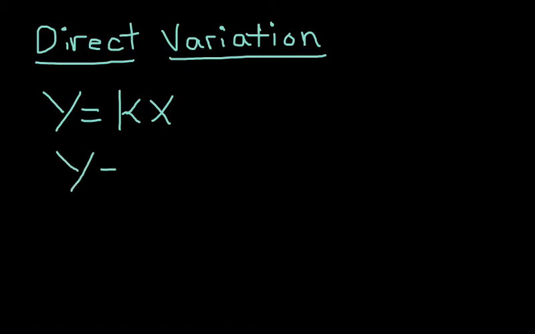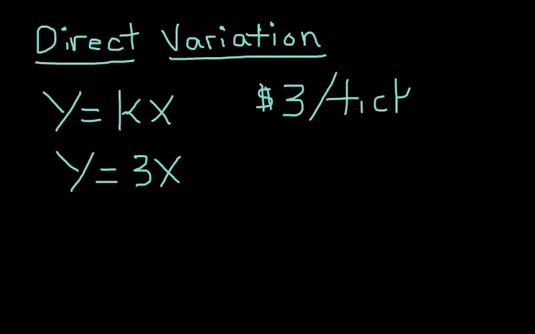We're going to use an example here. Let's say y equals 3x. Now this could represent a real-life problem like saying that tickets were selling for $3 per ticket. And so if we have this constant rate of $3 per ticket, then all of our problem will revolve around that $3, that constant of variation.